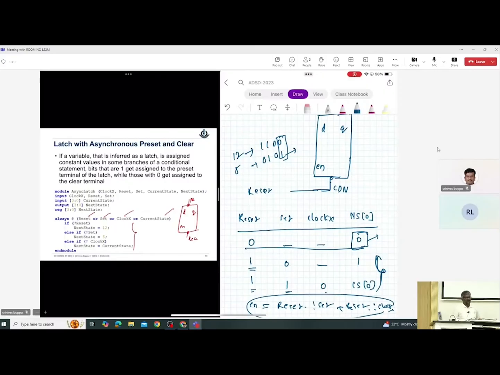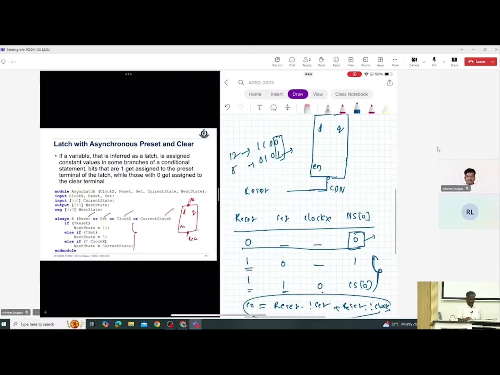Now what is the D input? You should send 1 once. Of course the current state we can send directly, but we should also send 1. When you send 1, what is the D logic?